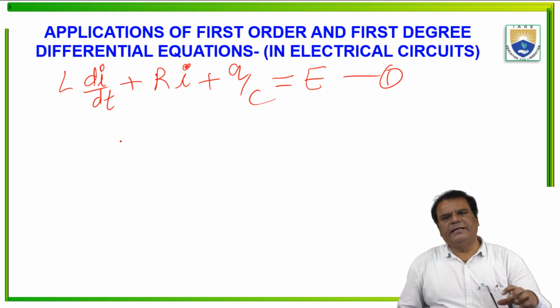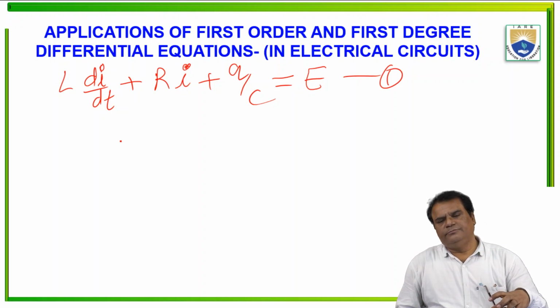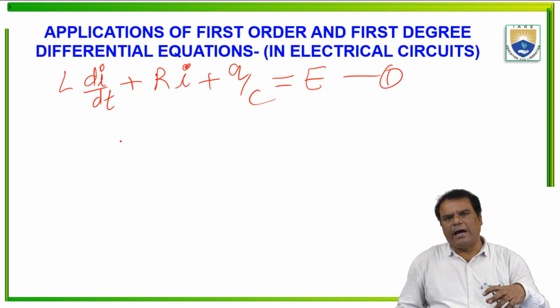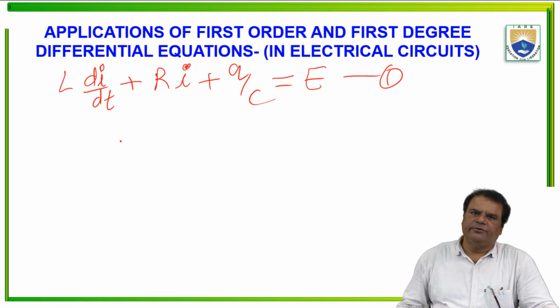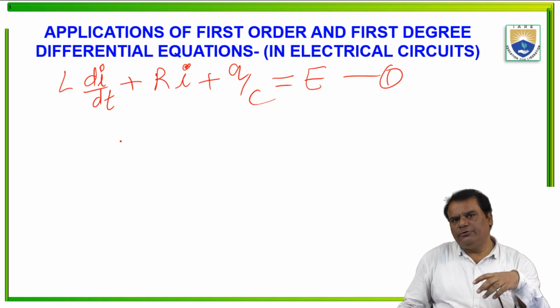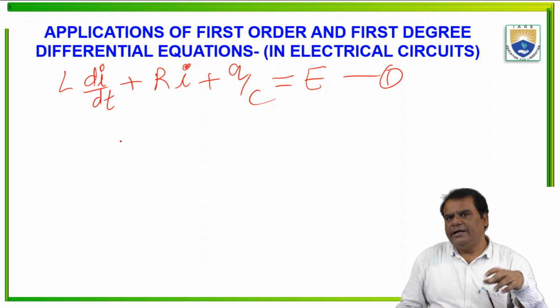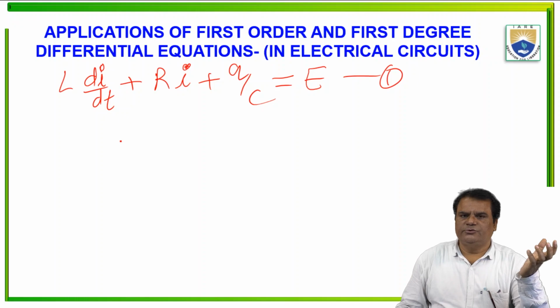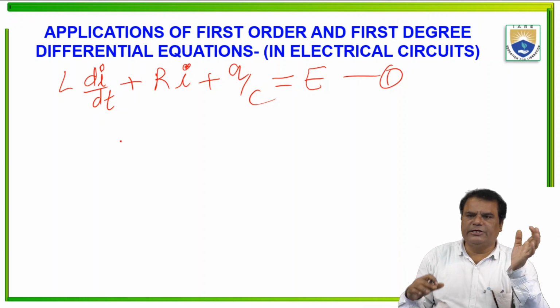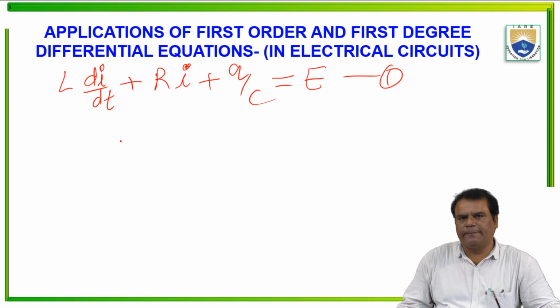This is the left hand side, the total voltage across the circuit, passing through inductance, resistance and capacitance. So the algebraic sum of voltages is equal to the total electromotive force.